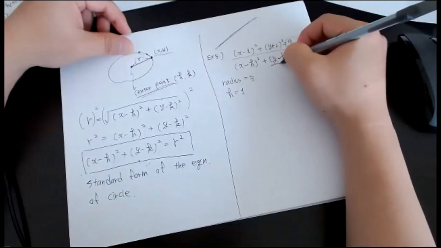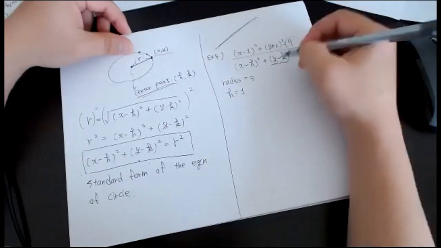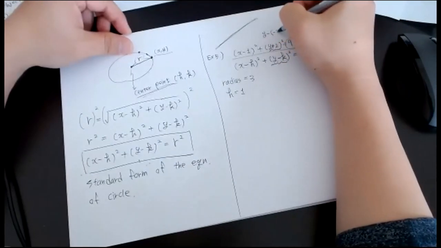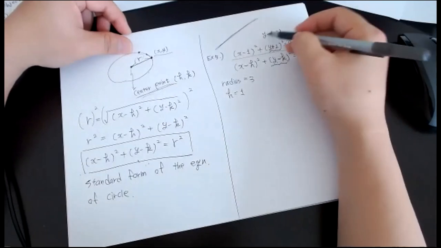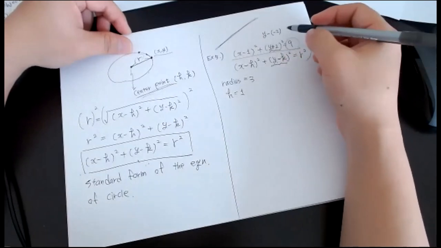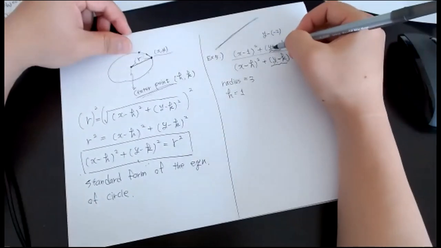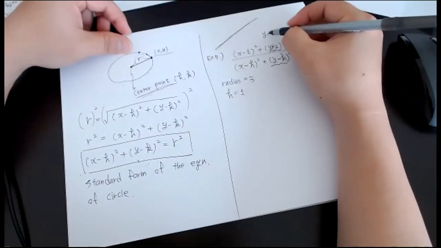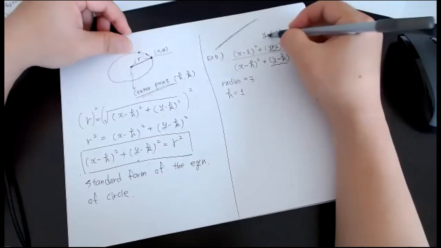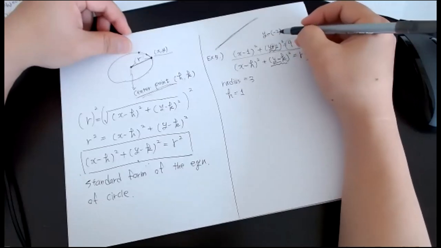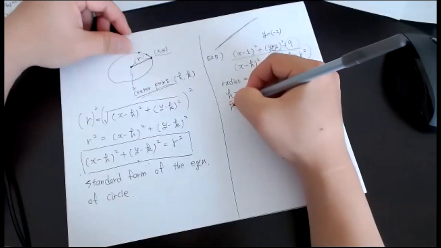We're going to rewrite y plus 2 as y minus minus 2, because y minus negative 2 is nothing but y plus 2, right? Now we made the sign between y and 2 a negative sign so that it matches the y minus. That means k equals negative 2. So k is negative 2.